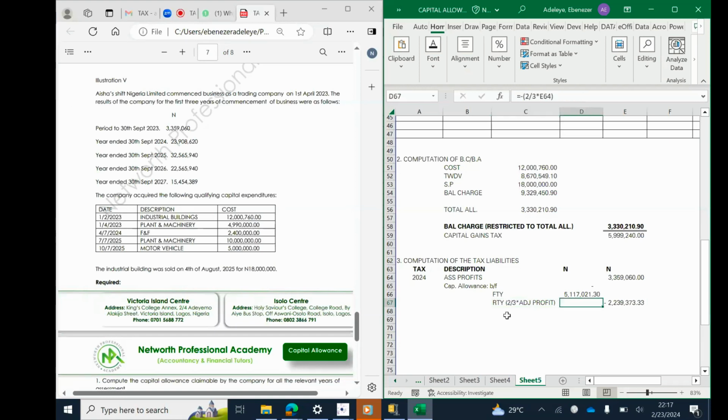Because we could not relieve anything, we will carry the remaining forward to next year. All right, capital allowance carried forward will now be this minus this. So we are carrying this forward for that particular year.